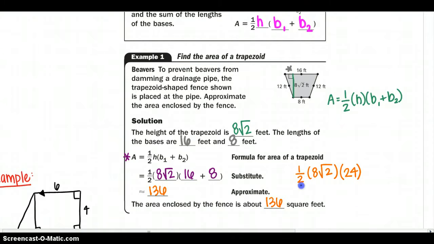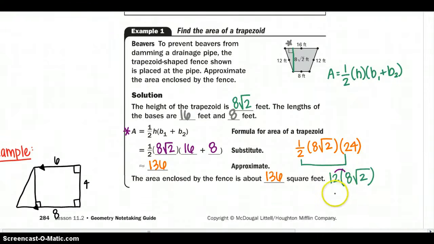If you need to recall, I would have done the 1/2 times 24, so 12, and then put in my calculator 12 times the square root of 8. And if you even want to simplify that more, you do 12 times 8 and then leave that square root of 2. So 12 times 8, square root of 2. And you can get approximately 136.